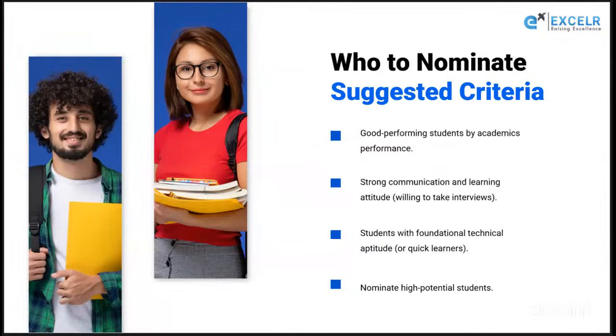Students with strong foundational technical skills will be eligible for the interview. These are learners who show potential, are strong communicators, and are ready to sit for interviews, preparing themselves on both non-technical and technical areas, such as coding skills, quantitative aptitude, or logical reasoning. They then get nominated by their own teachers, faculties, or trainers who have trained them on those subjects, and referred to us.